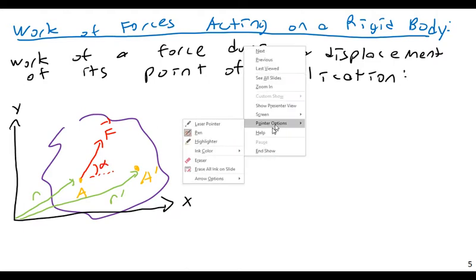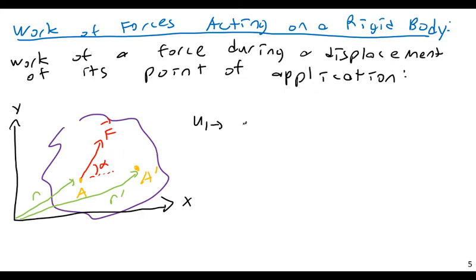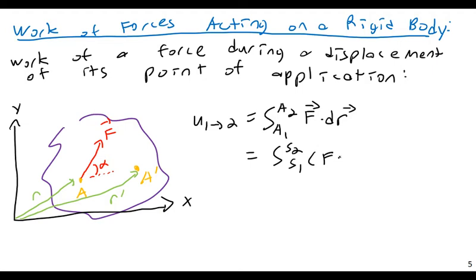Okay, so U from 1 to 2, the work done from 1 to 2, is going to be the integral from A1 to A2 of F dot dr, or the integral from S1 to S2 of F cosine alpha ds, where s is the actual path or arc length, as we've seen before.